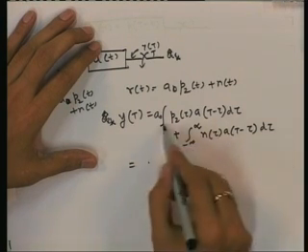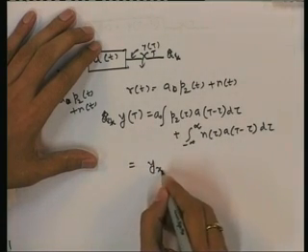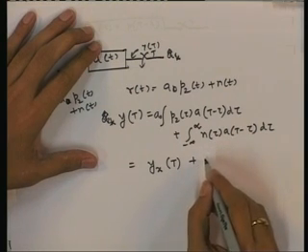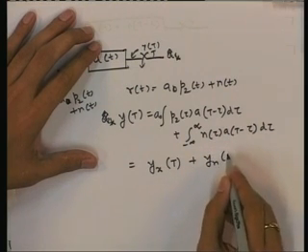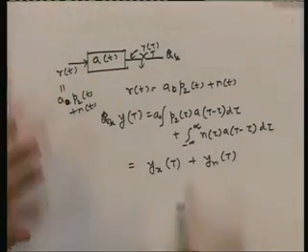This part is the signal part. We will call it y_x(t). This is the signal part, plus this is the noise part, y_n(t). This is the signal part of this signal, and this is the noise part of this signal.